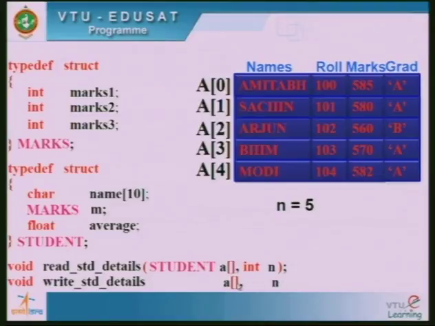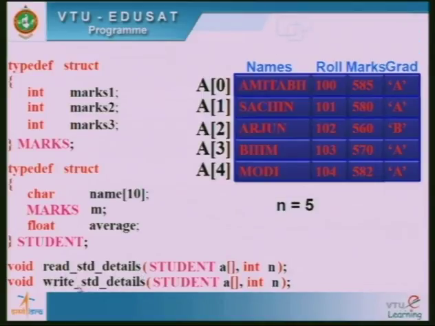N elements we have stored. A is of type what? Student. N is of type integer. So all these parameters must be enclosed within a parenthesis like this. So what should be the responsibility of write student details? Whatever is there in the memory, that has to be displayed as it is onto the screen. Now read student details is over, write student details is over.